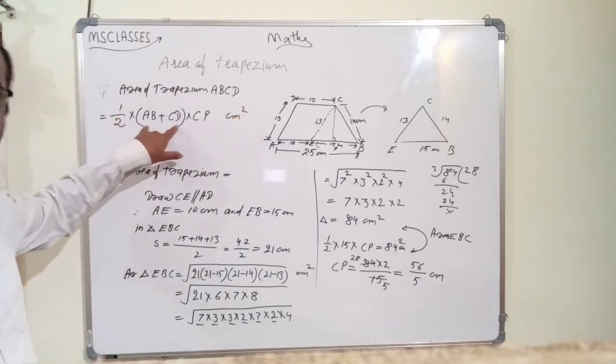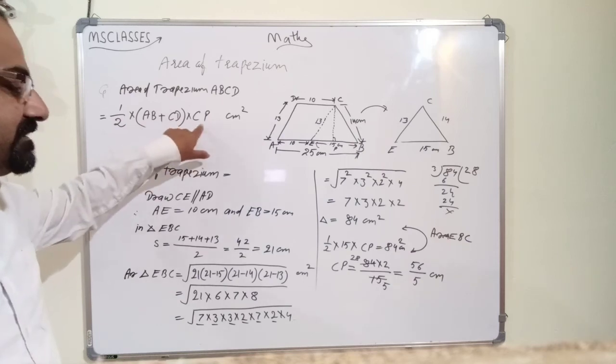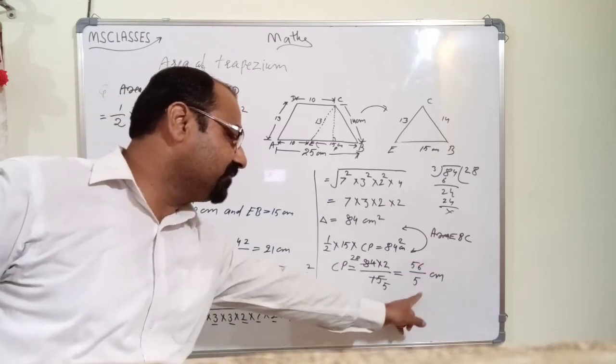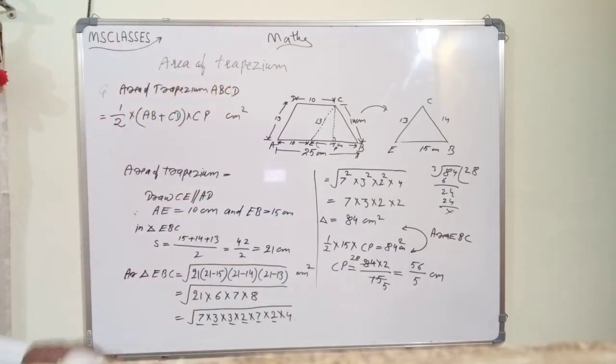Half into sum of parallel lines into the perpendicular distance that we have calculated. CP is equal to 56 over 5.